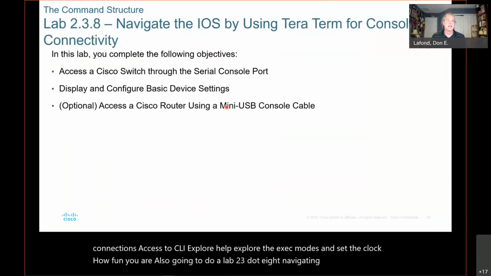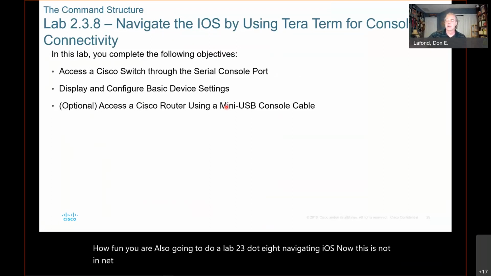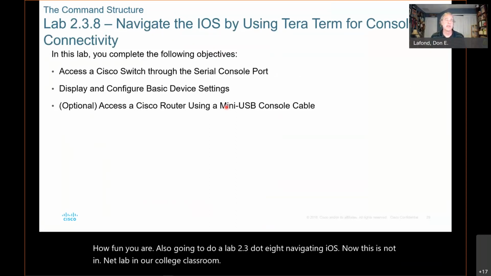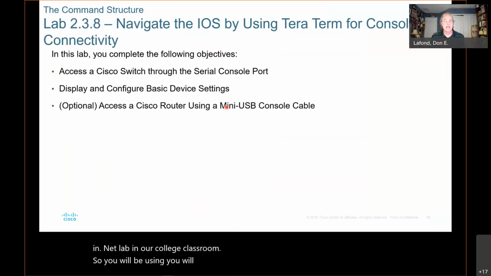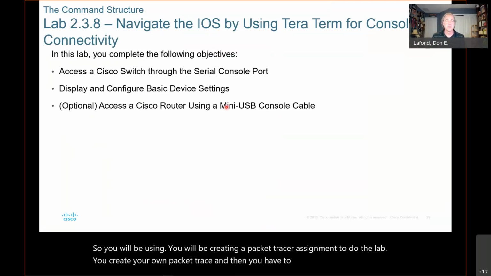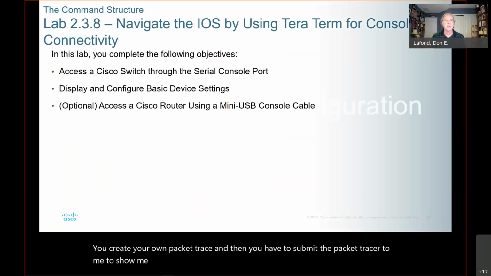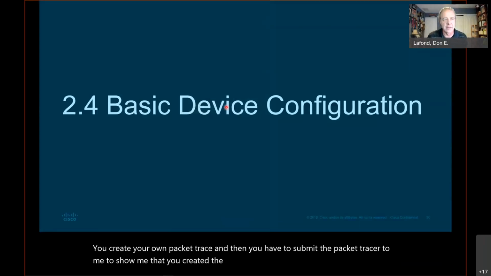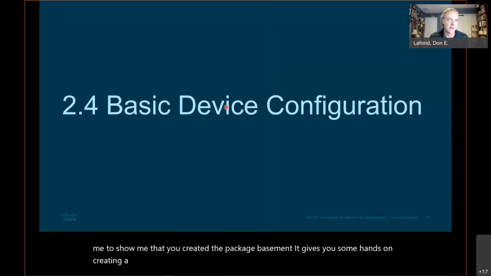Now this is not in NetLab, in our college classroom. So you will be creating a Packet Tracer assignment to do the lab. You create your own Packet Tracer, and then you have to submit the Packet Tracer to me to show me that you created it.